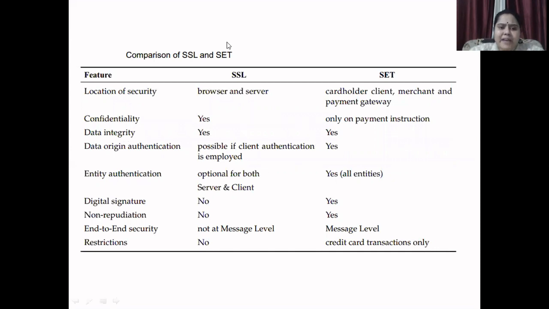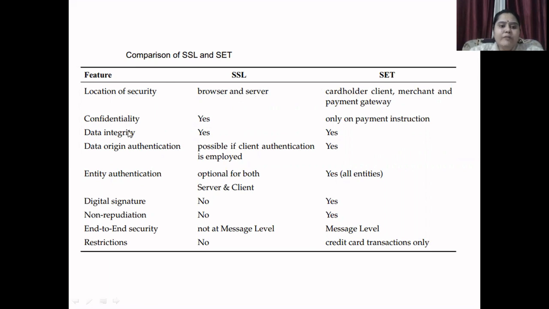Now see the comparison table of SSL and SET, in which the features are location of security: in SSL, browser or server, and in SET, that is cardholder, clients, merchant, and payment gateways.